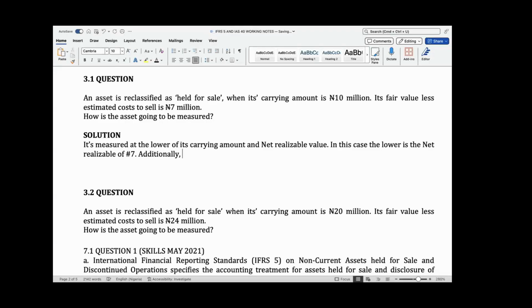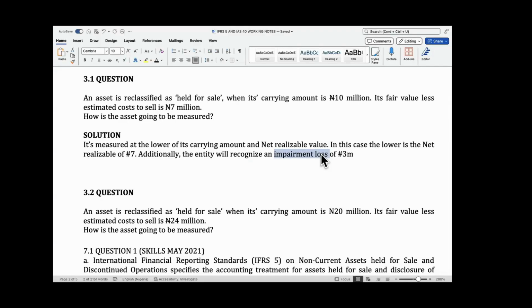Additionally, the entity will recognize an impairment loss of 3 million. I hope you know that if it was the carrying amount that had been lower, this impairment loss would not be necessary, because the carrying amount would have been the book value, and there would be no need for any change in the books.